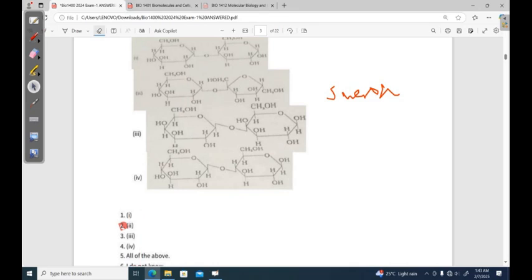I'm going to explain more. Glucose has an aldehyde group, so the carbonyl group is on carbon number 1, while fructose has a ketose group, meaning the carbonyl group is on the second carbon.